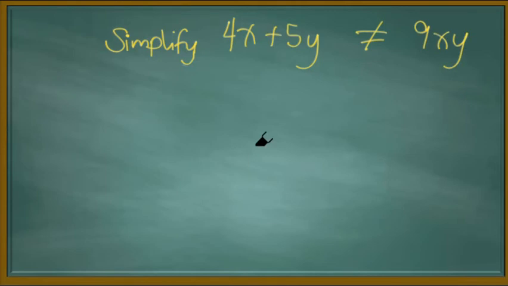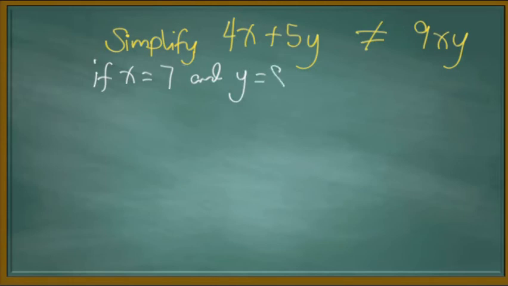Now let's see why that is so. Again, if we use suppositions, if for example we let x be equal to 7 and say we let y be equal to 8. Now the answer, as I've said a while ago, is simply 4x plus 5y.